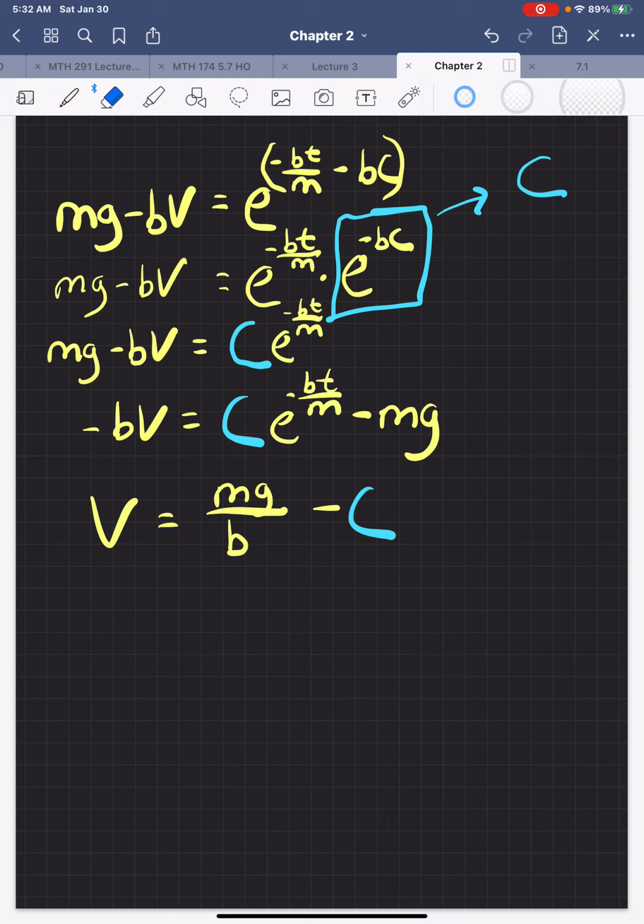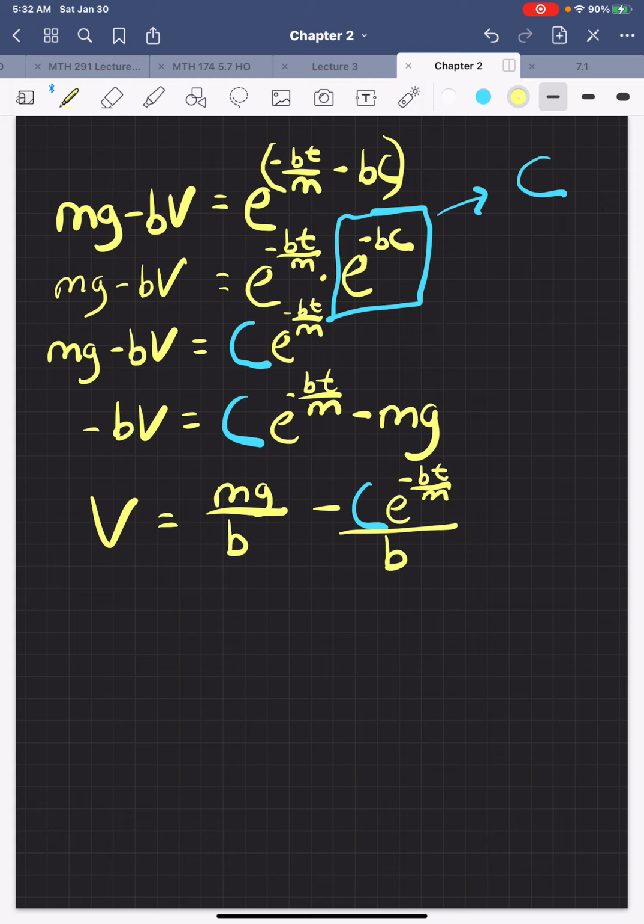I'll go ahead and write that as, I'm trying my best here. Yeah, I'm happy with what I just had. e to the negative bt over m, over b.